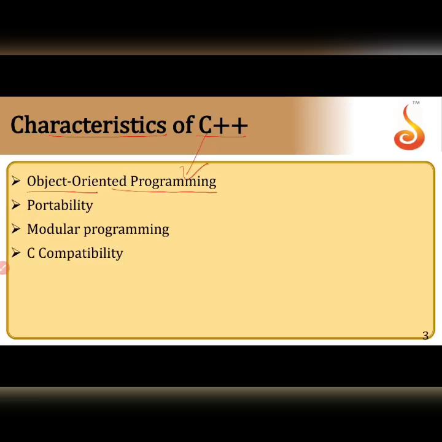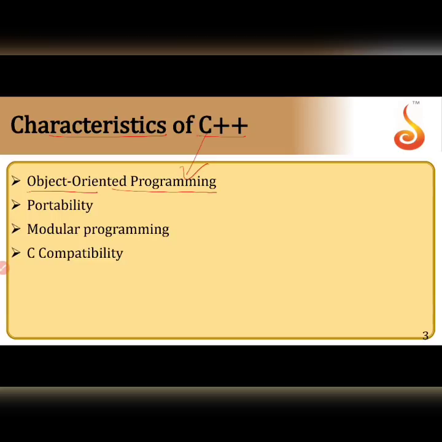Whereas C++ is not a pure object oriented programming language. I can write a C++ program without using any object oriented programming concepts, but if you write a program using that, the reusability of code is more and data security is optimal. So your C++ code would be very efficient.